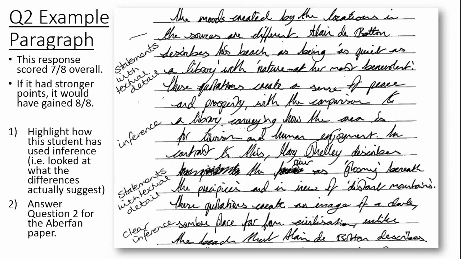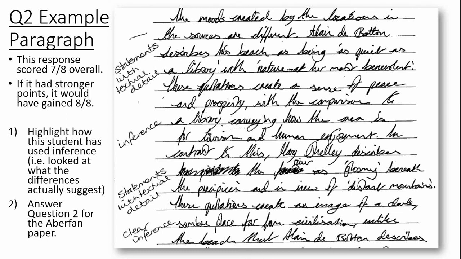Two things there. First of all, you'll see that there are two short quotations that have been integrated into the sentence. They've been carefully picked and put together. And finally, in the second quotation, notice where they've used the ellipsis: nature ... at her most benevolent. If we're talking about sophisticated use of quotation, the fact that they've cut out a part that's irrelevant and just focused in on the bit that supports their point is very, very good.